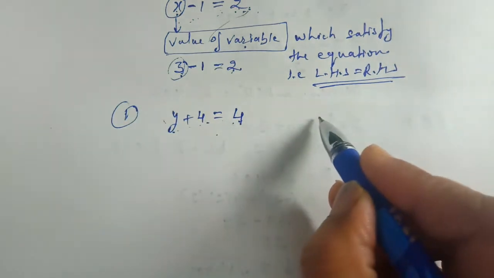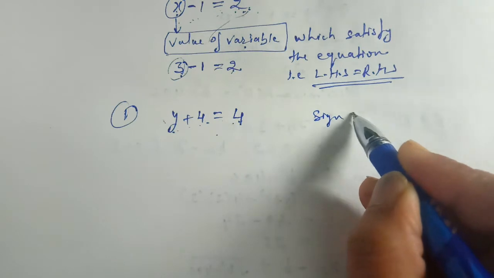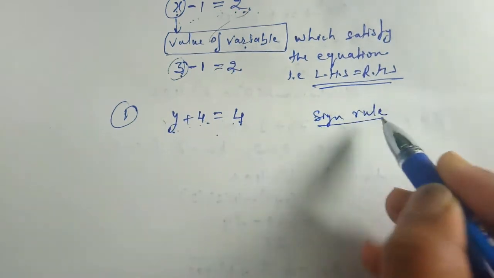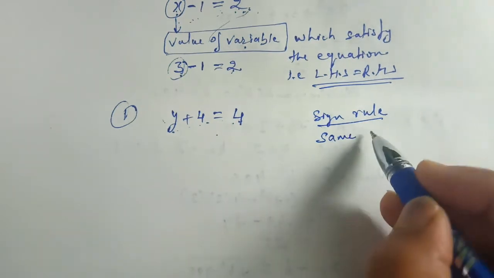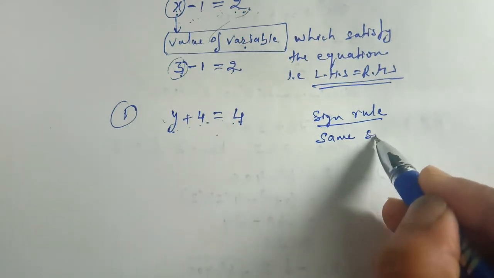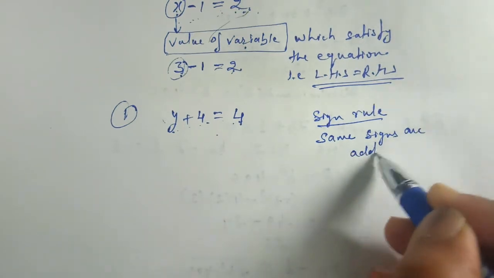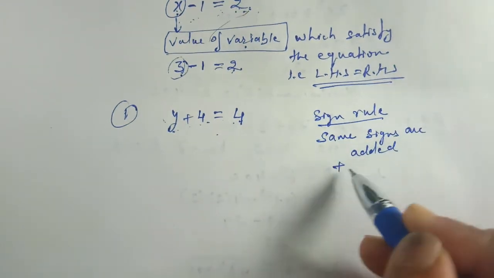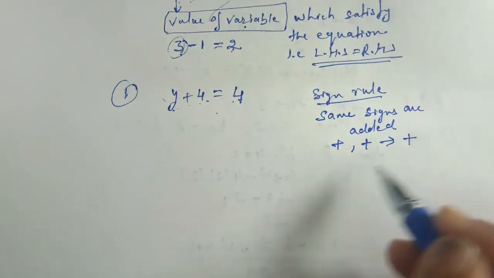So we have to use the concept of the sign rule. It is that same signs are added. It means if we have plus and plus, both of them will be added.